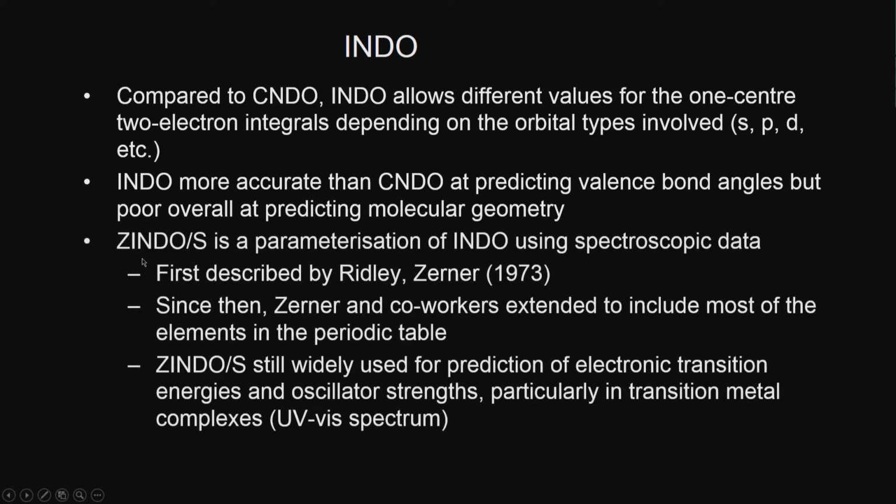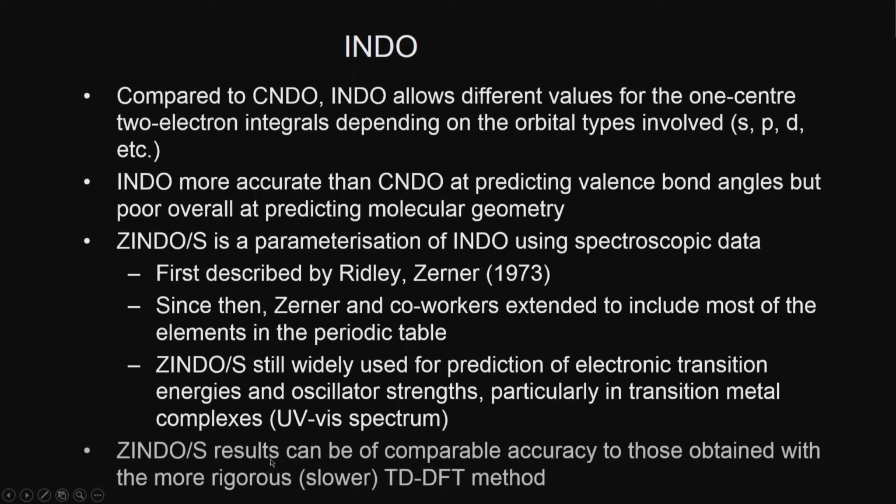Then came ZINDOS. This is a parameterization of INDO using spectroscopic data. It was first described in 1973 by Zerner. Then they went on extending it to include most of the elements in the periodic table. ZINDOS is still widely used for prediction of electronic transition energies, oscillator strengths, and transition metal complexes. So if you have some metals, we can think about using ZINDOS.